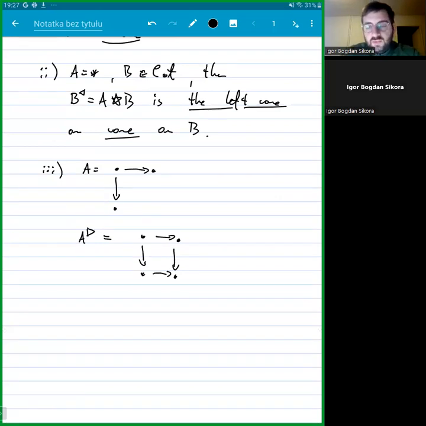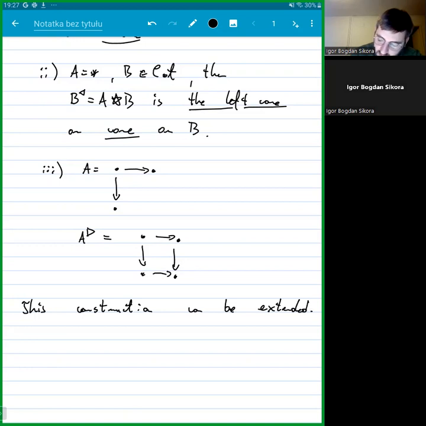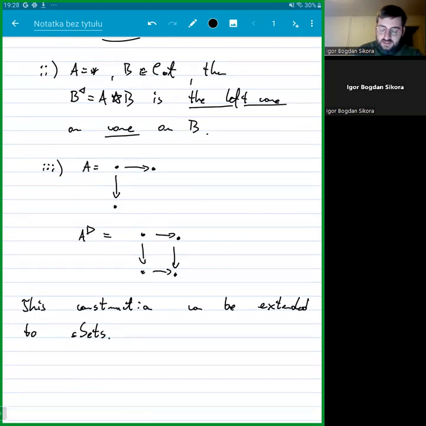And if we want to generalize this idea to quasi-categories, what we need to do is to look for a join construction in simplicial sets. And this construction can be extended. We already have an idea how to extend it.